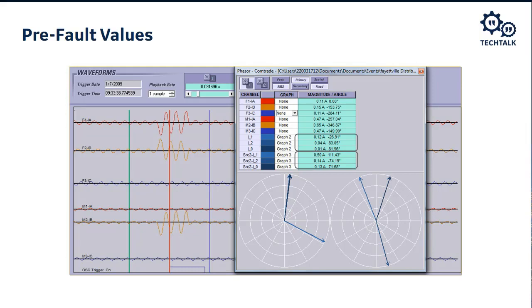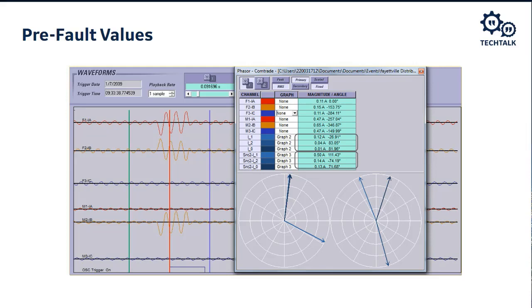So since we're not going to be perfectly balanced, what I expect to see on my negative and my zero sequence quantities is a little bit of that, and they should be equal, and that's what we see, right?